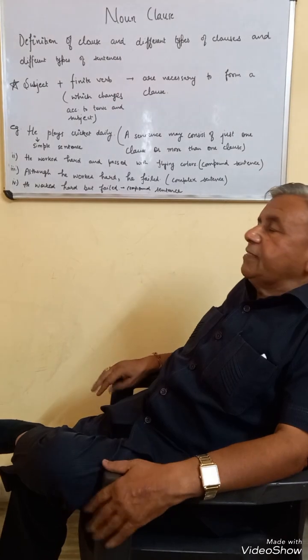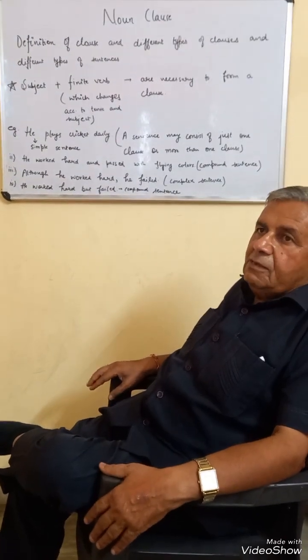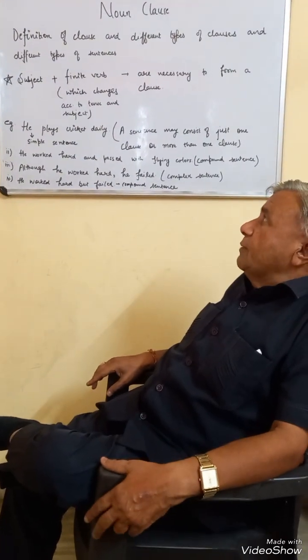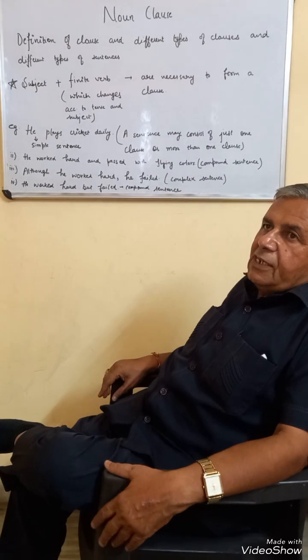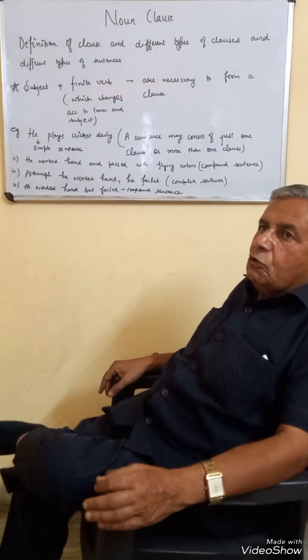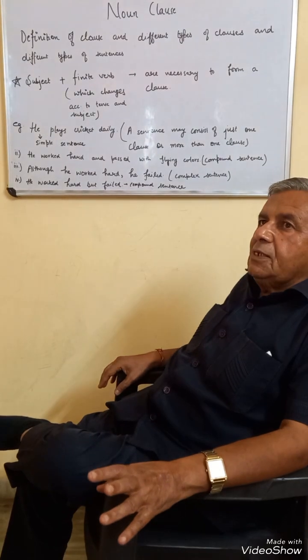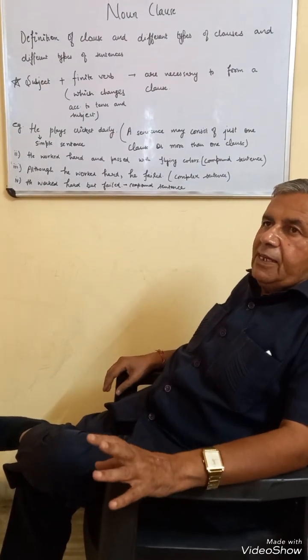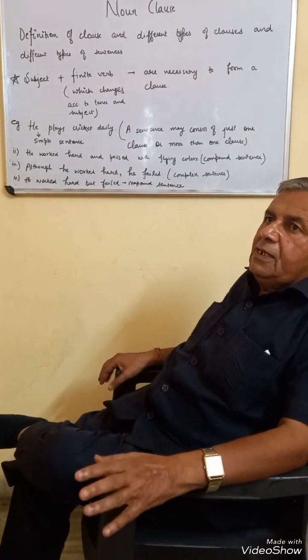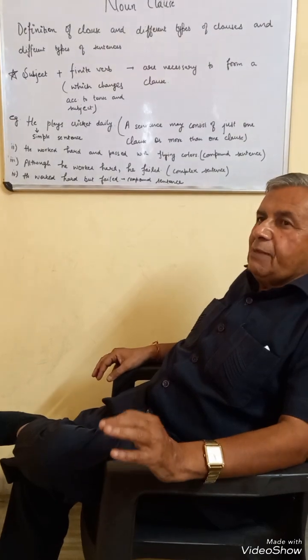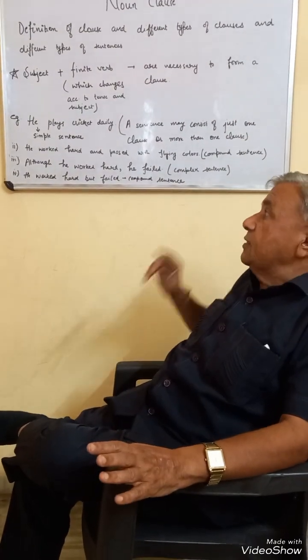We have already discussed the relative clause, but today we are going to focus upon the various functions which a noun clause performs. A noun clause is a subordinate clause. It cannot have full meaning without there being an independent clause or main clause in the sentence.